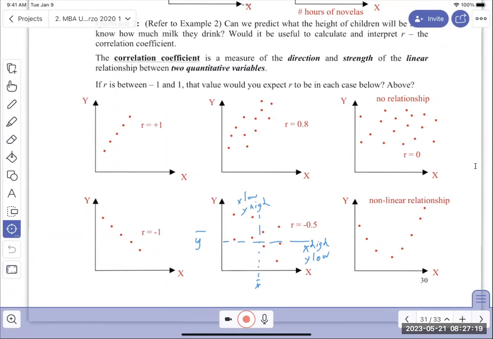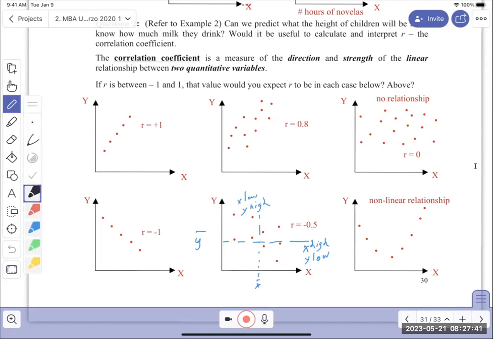So I have several examples in the notes about making predictions, and we can discuss this in a moment. If you see something like this, you can say there's no linear relationship, and R would be 0 when you calculate it.